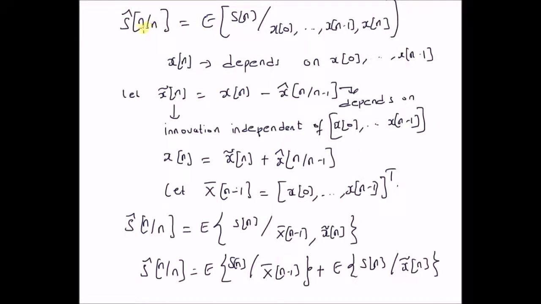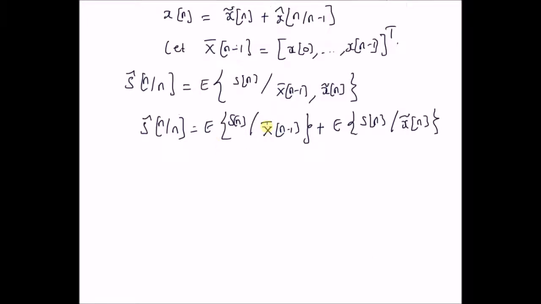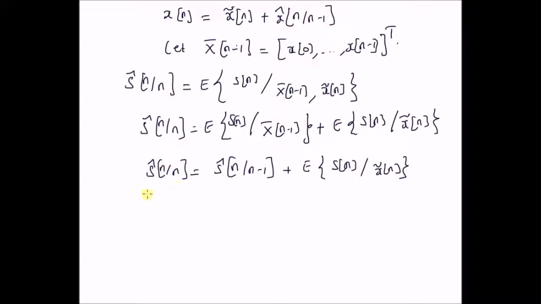Now by looking at the definition of s hat of n given n, we can see that the first term is actually equal to s hat of n given n minus 1, that is the estimate of the state given the previous observations before observing the latest observation, plus the conditional expectation of s of n given x tilde of n.